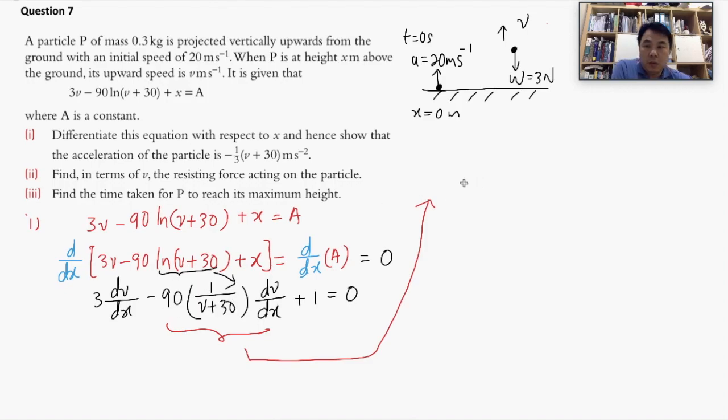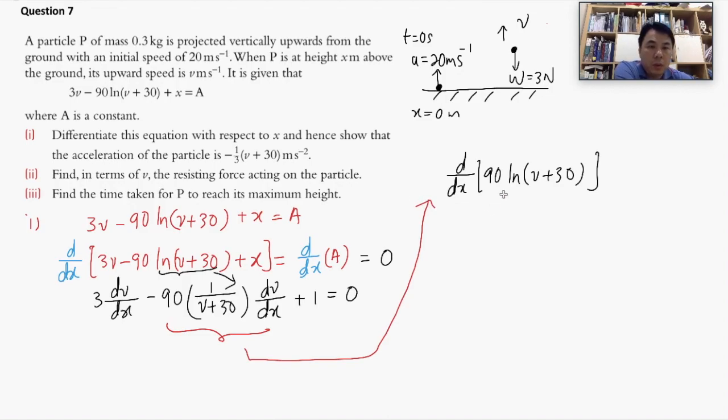Okay. So for this we have differentiation of 90 ln(v plus 30) in this case. Okay, so that is what we have.